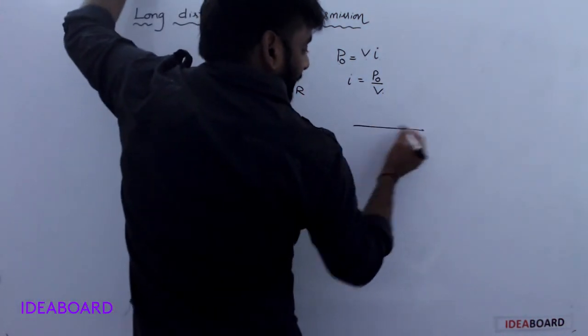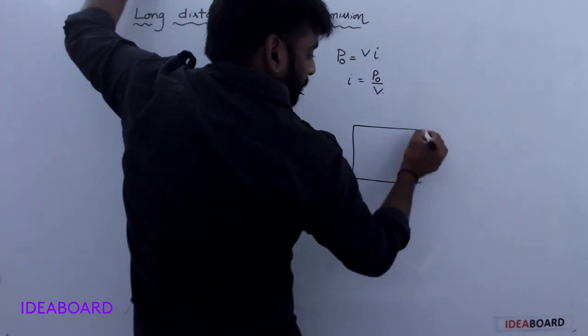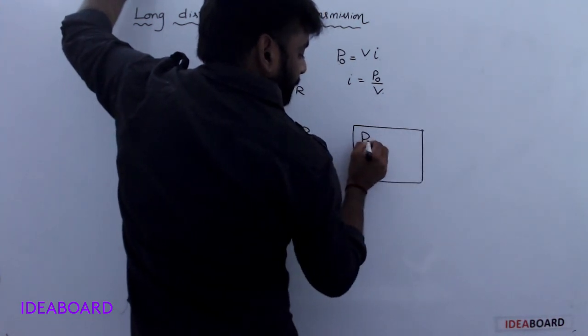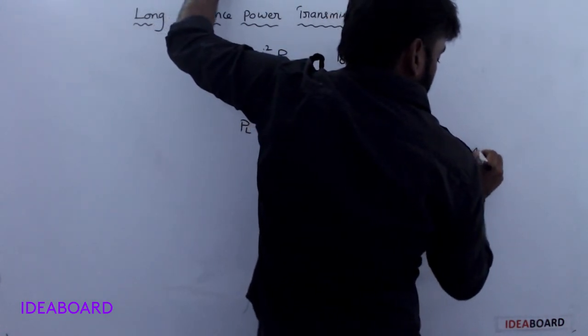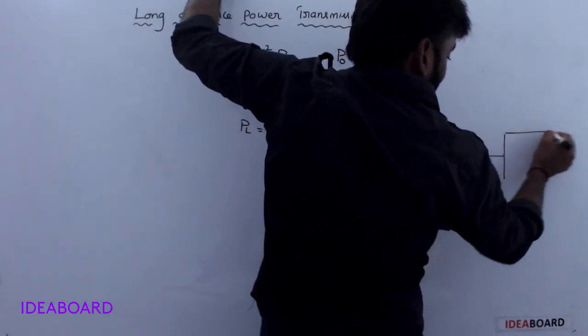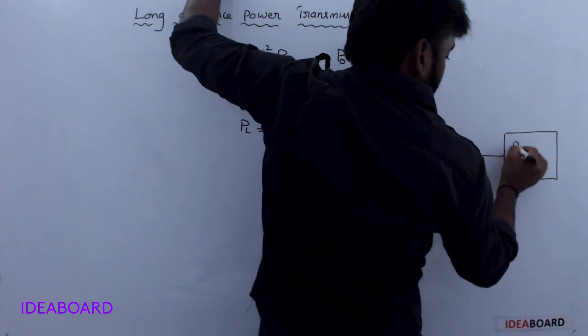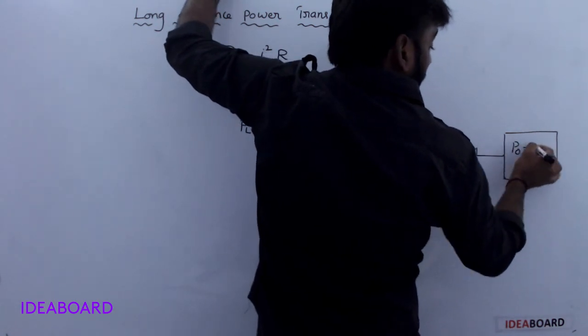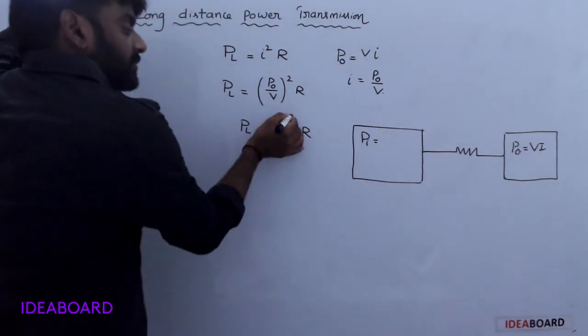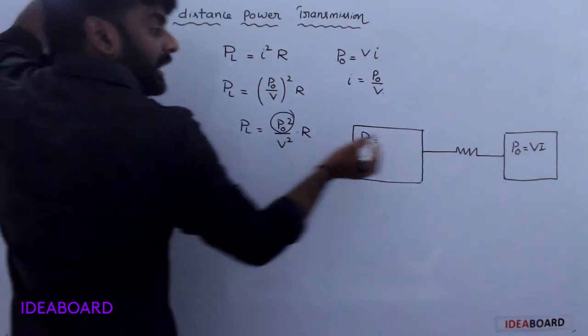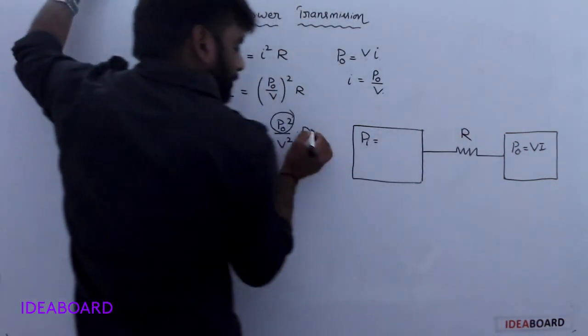See, this is the input power through the cables, and this is the output. Output is always fixed. The resistance of this cable is also fixed.